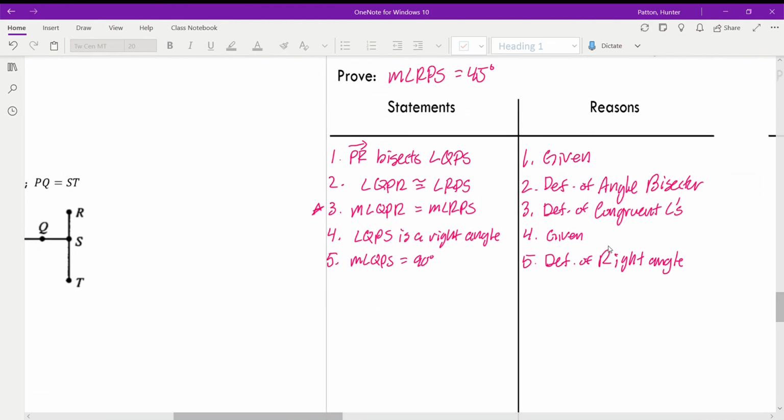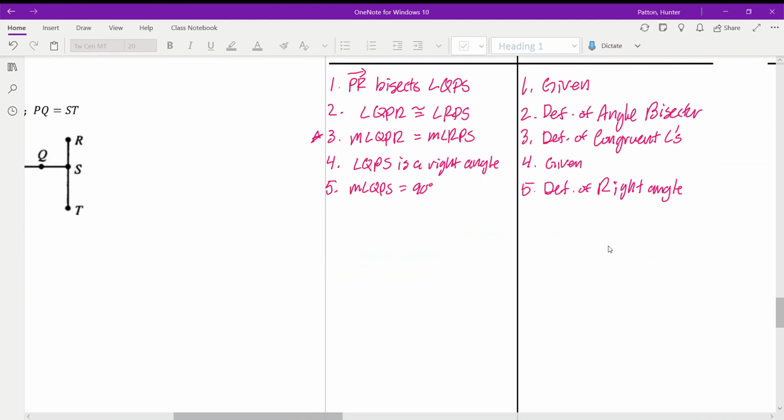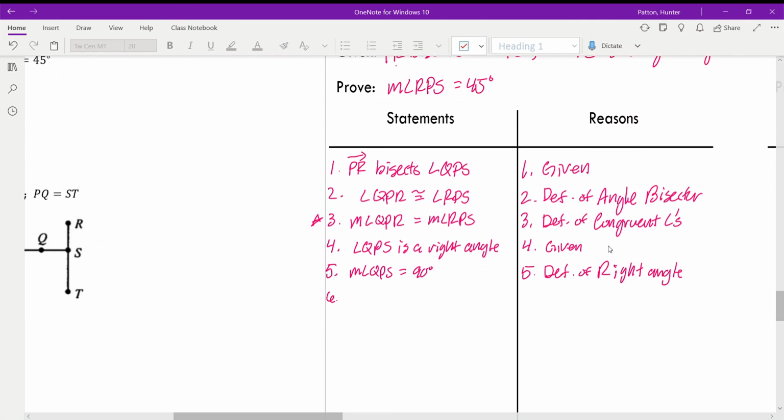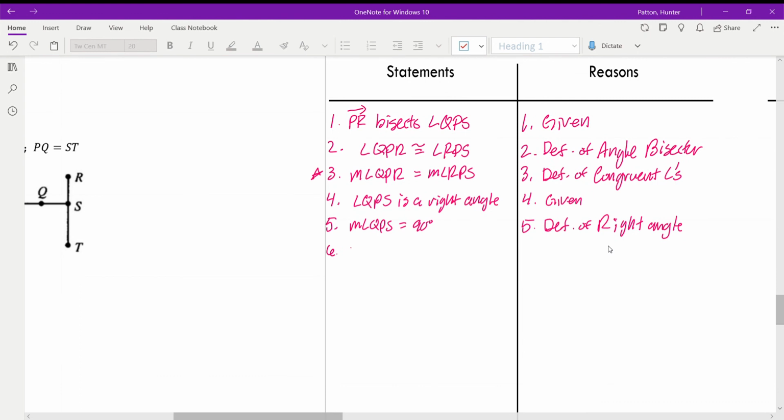By the angle addition postulate. So let's do that. Since I'm solving for RPS on my left hand side, I'm going to write it like this. The measure of angle QPR plus the measure of angle RPS equals the measure of angle QPS. This is by the angle addition postulate.